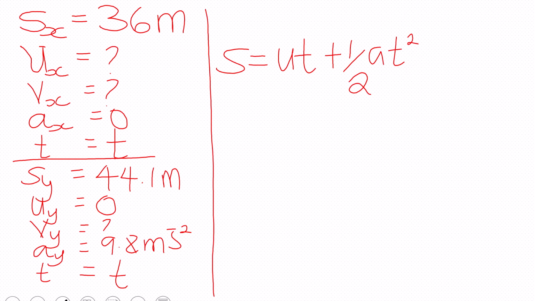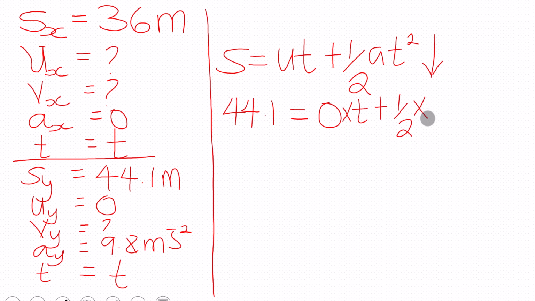In this case, we are considering the vertical motion in the y direction. We have 44.1 equaling u, our u is 0, it will always be 0 in the y, times t, plus a half times acceleration, which is 9.8, then times t squared.